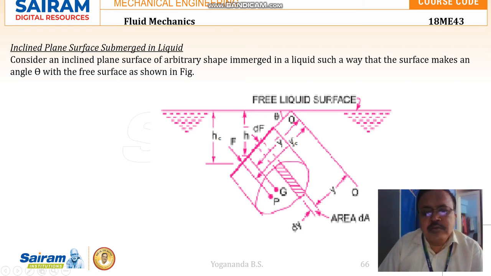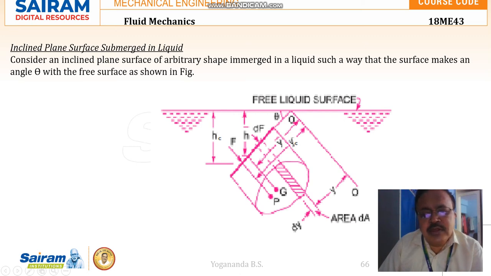I have another plane here, that is OO. With respect to this OO, the body is perpendicular to the given plane OO. The corresponding points of h bar and hc will be taken as y bar and yc.